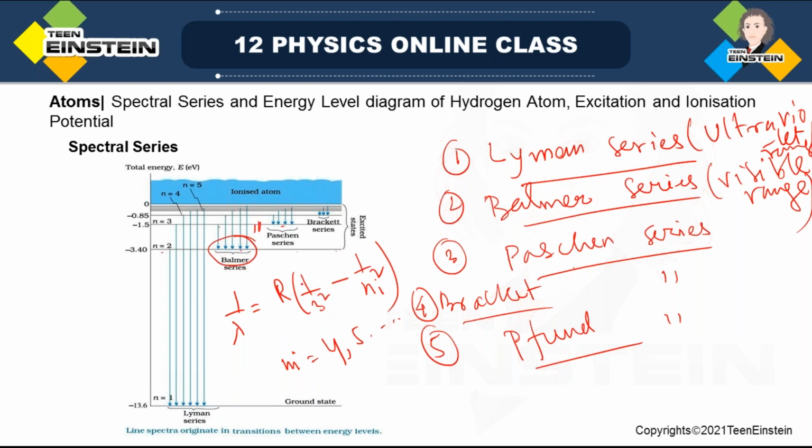So the final state will be n equal to 3, and the initial state can start from 4, 5, 6, 7, like that it can go. So you will get a series of lines in the infrared region. This Paschen series, Brackett series, and there is a Pfund series. All three fall in the infrared region.